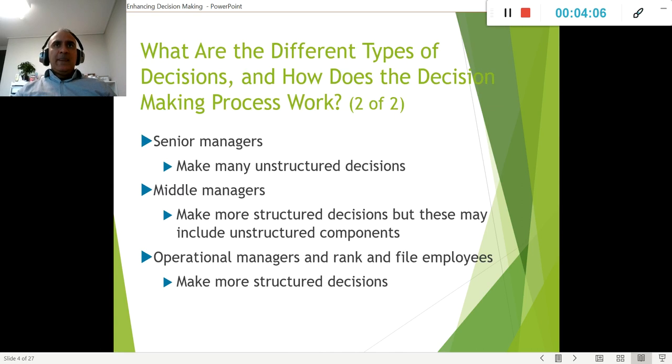Now, when we talk about decisions, let's say for example, the previous example is in farming. We have top management, which is the retailers, saying we need to cover the demand in better ways.